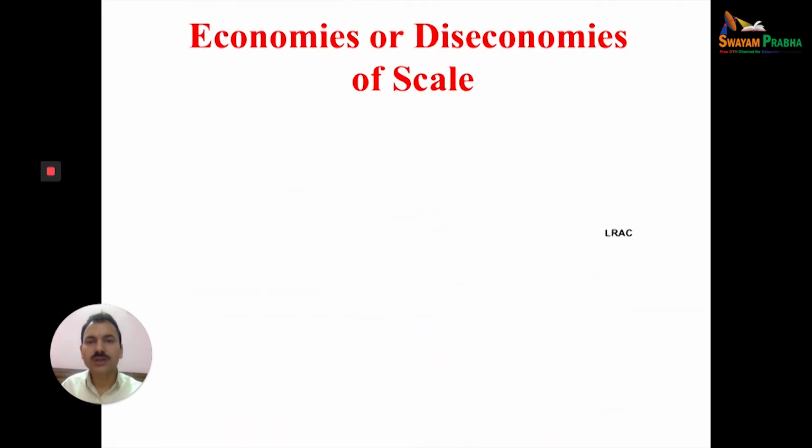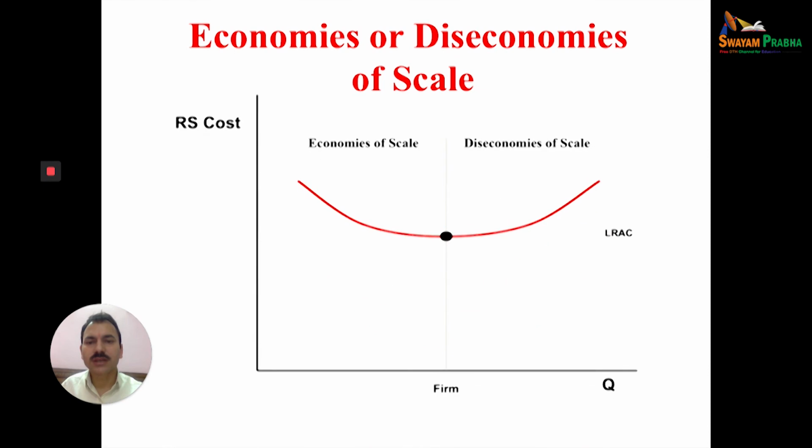Now, economies and diseconomies of scale can be explained with the help of this diagram. Here we have quantity and cost. This is the economies of scale up to this point. When output increases, the cost is decreasing, up to here. This side we have the economies of scale, and beyond this, when the firm produces more and more quantity, or the scale is changed, the output is increasing, but cost is also increasing.